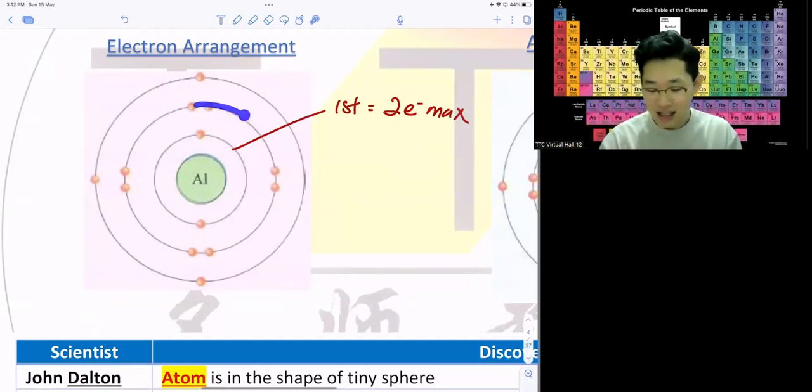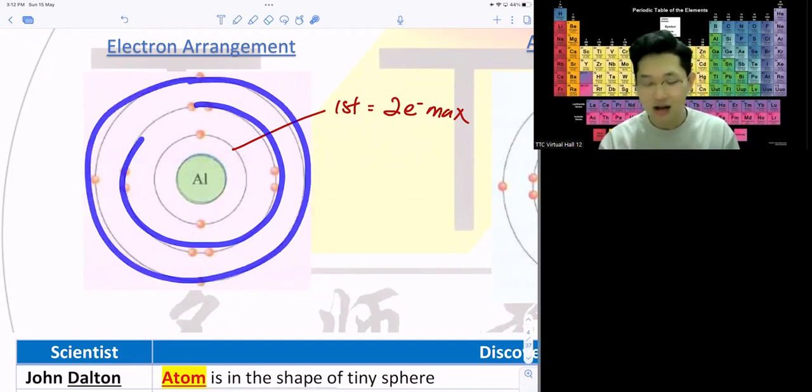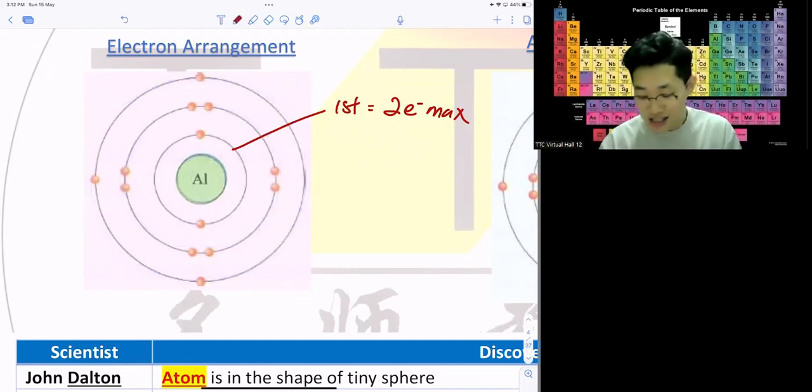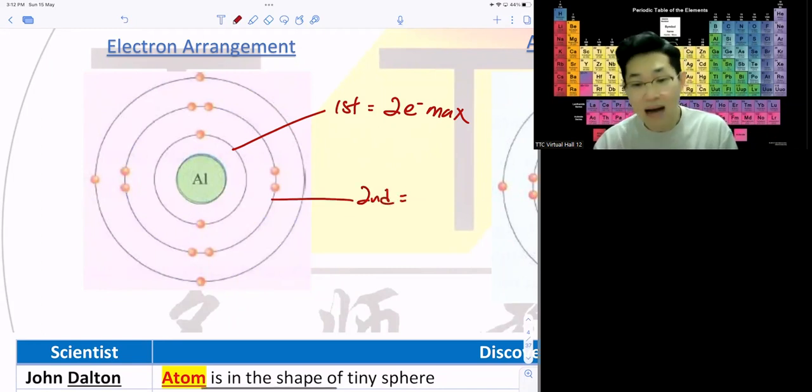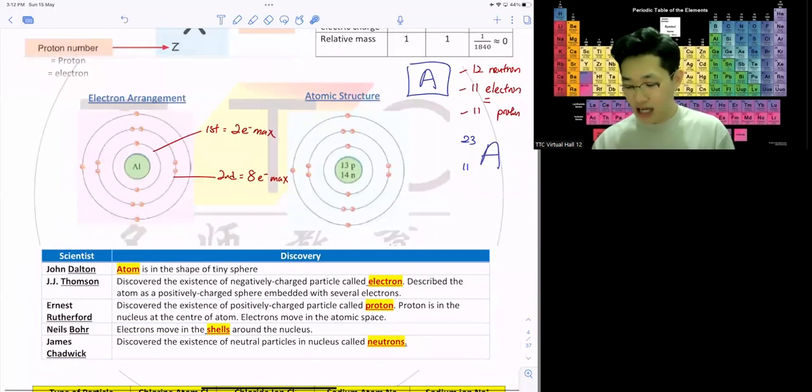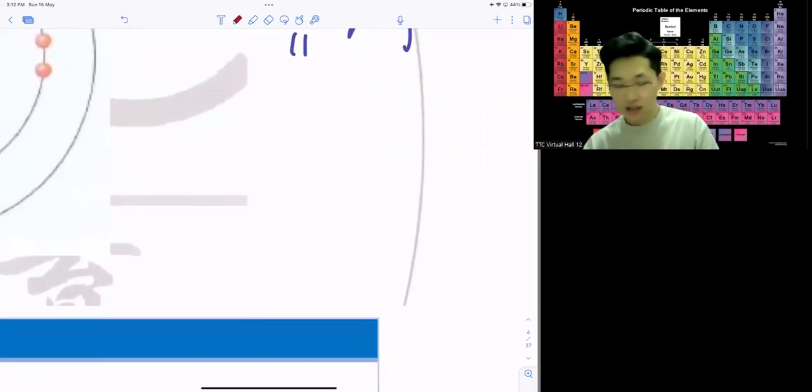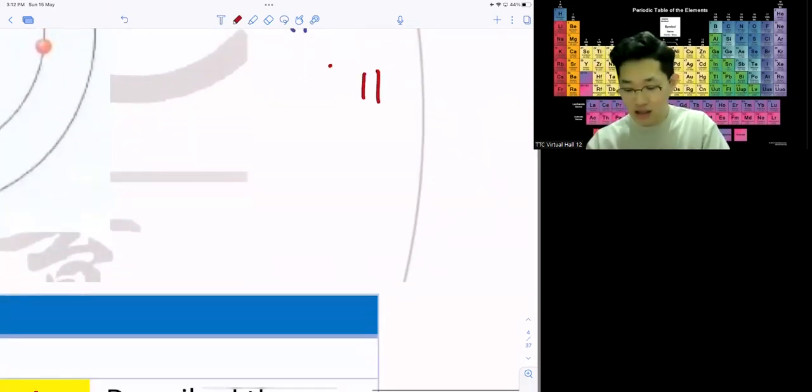And then all the rest of the shells, second and third, can fit up to 8 electrons. That's the rule.